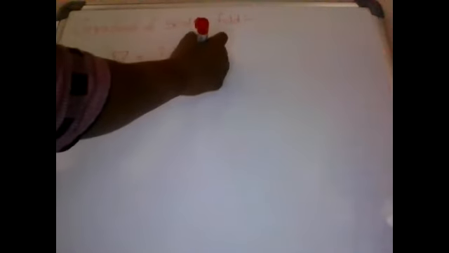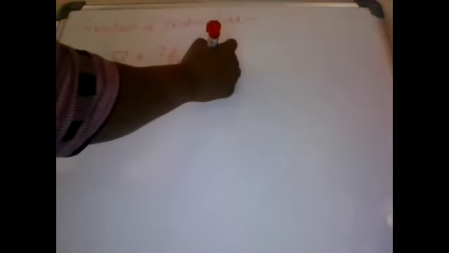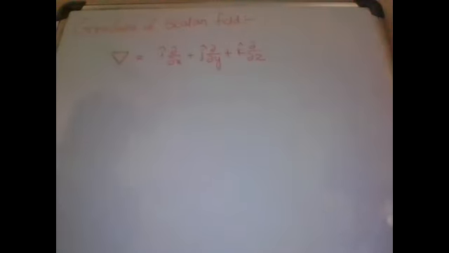Del operator equals i dou by dou x plus j dou by dou y plus k dou by dou z. Here, gradient means del operator. We can write del operator equal to i into dou by dou x plus j into dou by dou y plus k into dou by dou z.